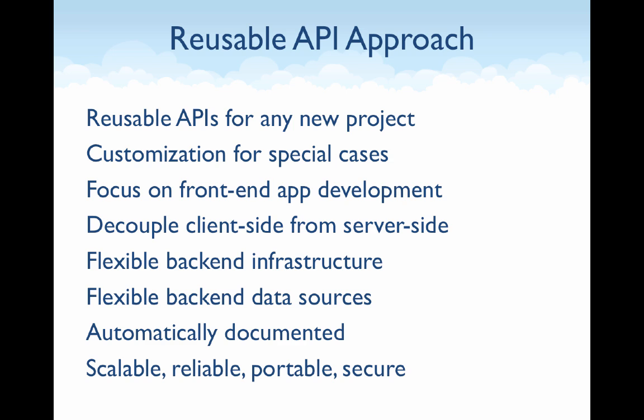This means that your back-end infrastructure is completely flexible, your data sources are completely flexible, the API is automatically documented, and what this means is a lot more scalability, a lot more reliability, a lot more portability, and a reusable approach to security.